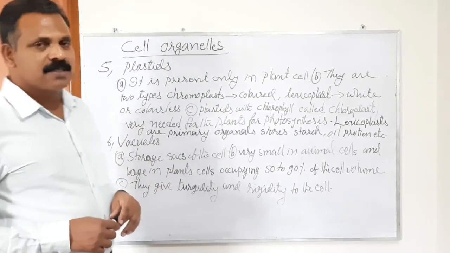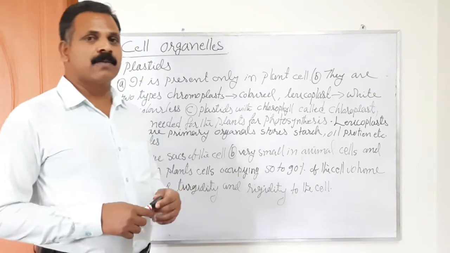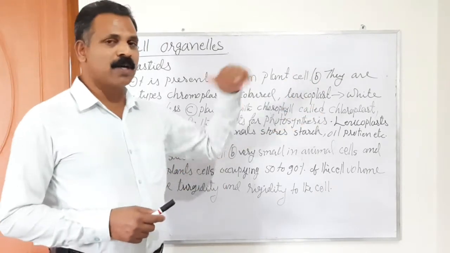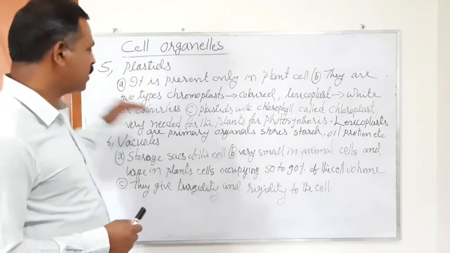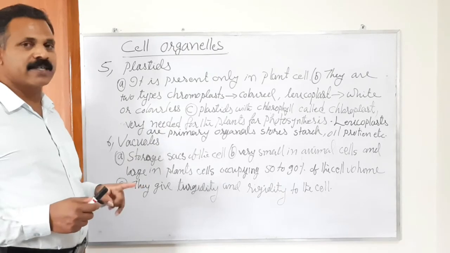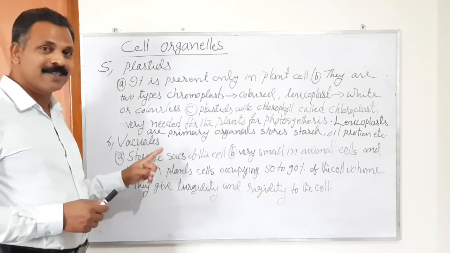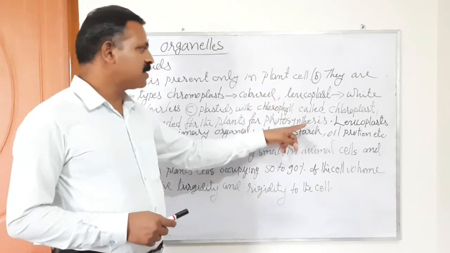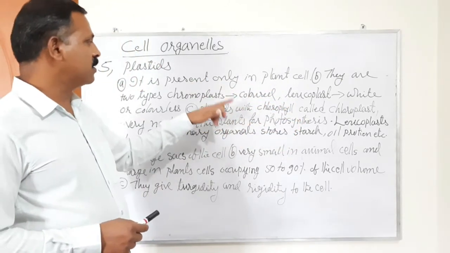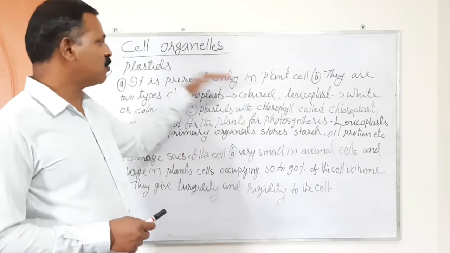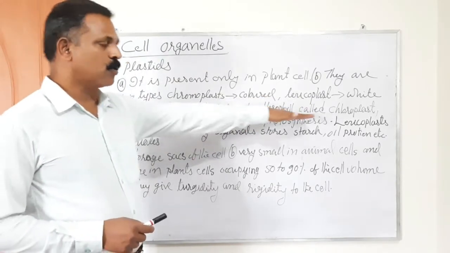And plastids with chlorophyll, the green pigment, are called chloroplasts, and we know that's a very necessary and important thing for green plants in order to conduct photosynthesis. The green pigment present in that is called chlorophyll. Such types of plastids are called chloroplasts.